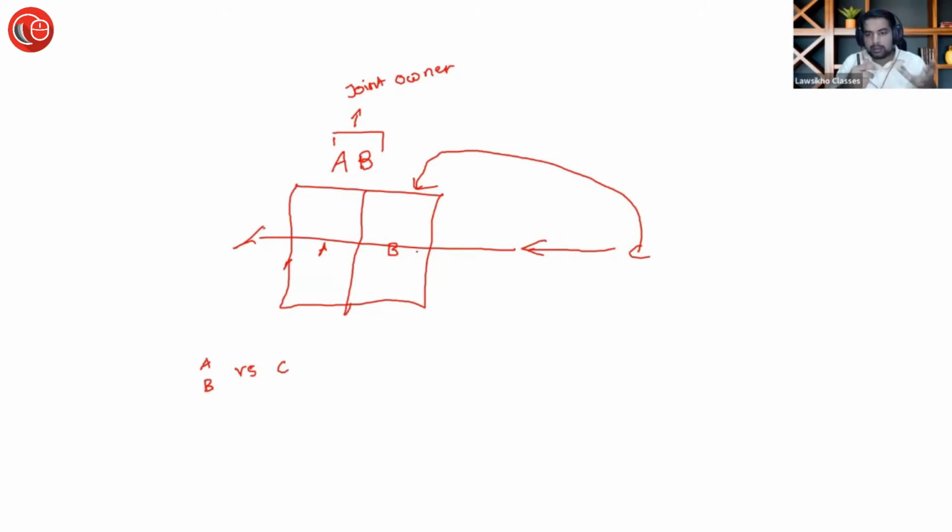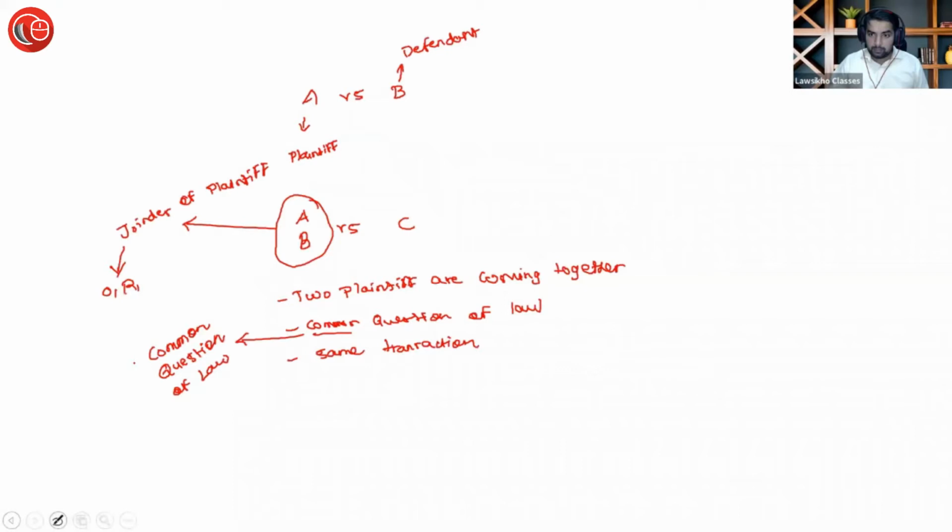If two suits are filed, unnecessarily it will be a multiplicity of proceedings. अगर दो suit file किए, A ने अलग file किया, B ने अलग file किया, दो अलग proceedings होंगे which won't make sense. So that is the reason you are asking them to file one suit, and this is also known as joinder of plaintiff, wherein two plaintiffs are joined together. Fine. अब ये हो गया joinder of plaintiff. ये यहाँ तक क्लियर है?